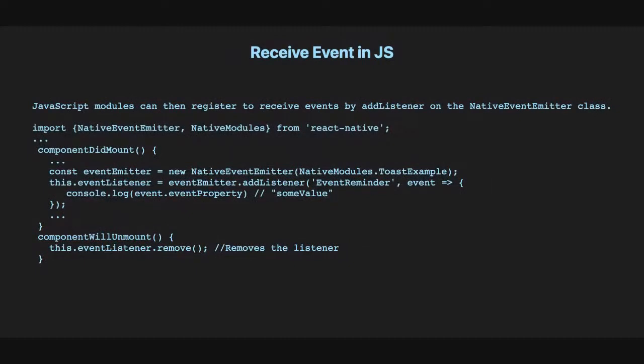So these are the JavaScript side of it: how to access the event and how to initialize the event sending. In our component, we are sending an event and adding a listener, so whenever we receive it, this function gets executed, and in the component we can initialize the listener.